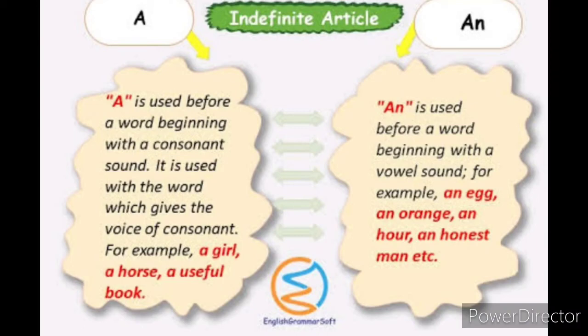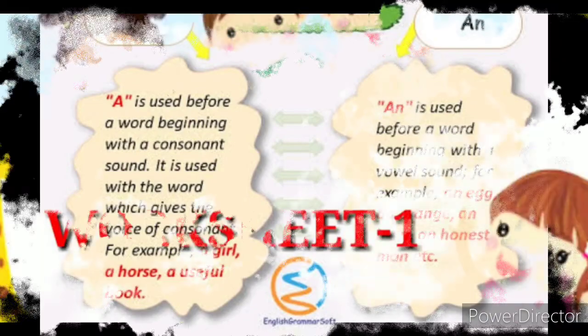For example, an egg, an orange, an hour, an honest man, etc. So now we sum up the content of the grammar part, article and its kinds, with some examples, children.